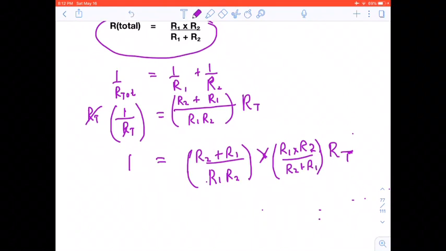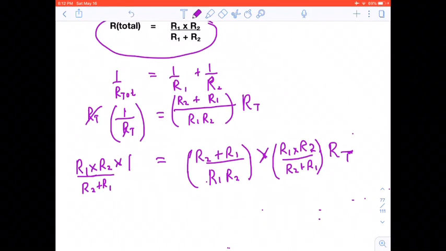So, like we said, we need to be fair in what we do on the right hand side, so I have to multiply this side by R1 times R2, divided by R2 plus R1, or R1 plus R2.